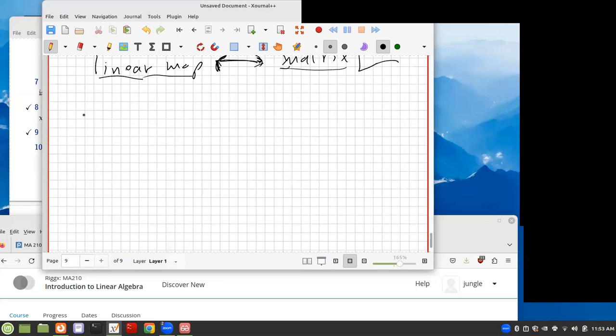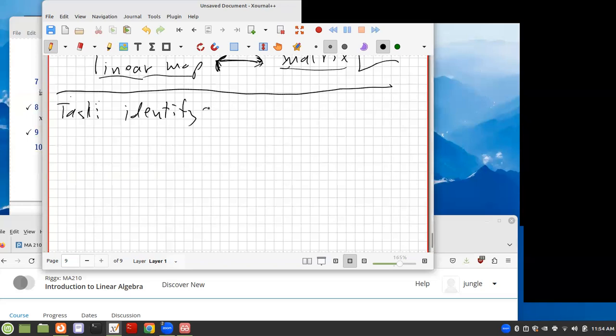And the question is then to look at how can I show that or verify or detect whether, so here's the task here. Identify or verify that a linear map is one-to-one and or onto.